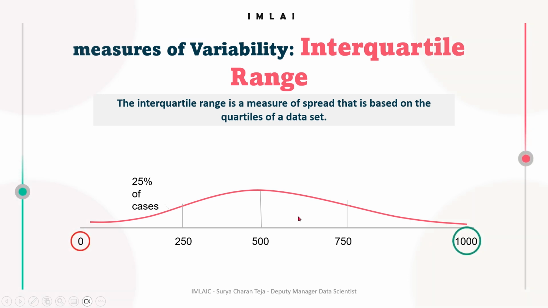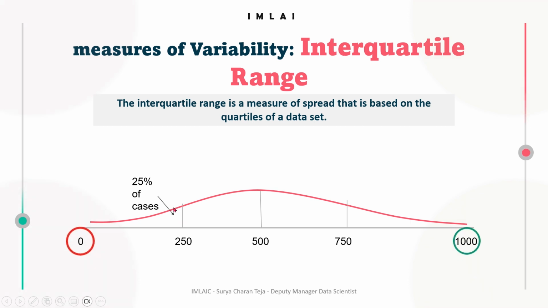Here we have used three words: quartile, percentile, and percentage. Percentage, we all know: 25 percent of 1,000 cases is 250. That's it.